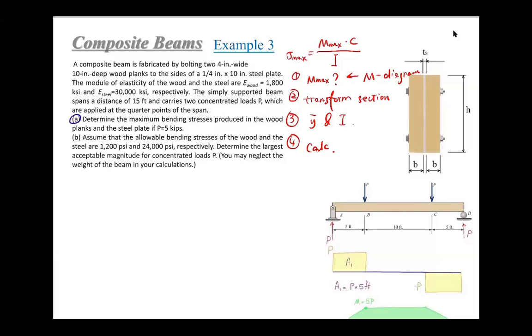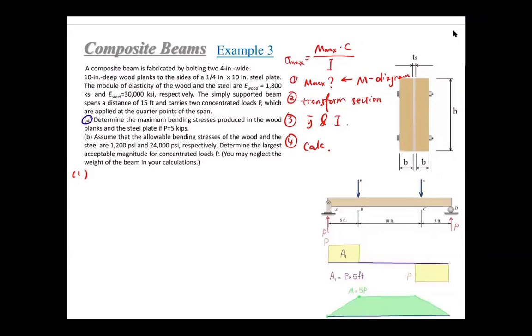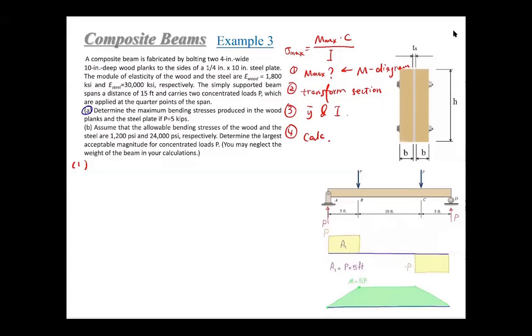The first step, as shown here, is to use a free body diagram and then determine the reaction forces, then draw the V diagram and M diagram. I will skip this, this is an easy enough structure.